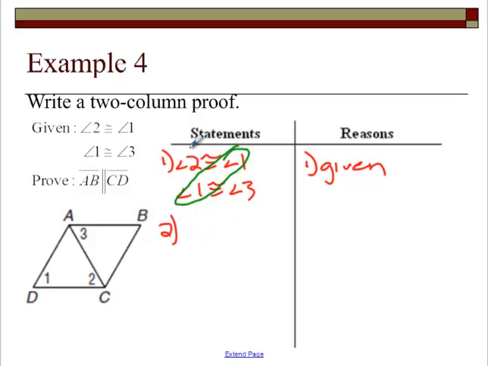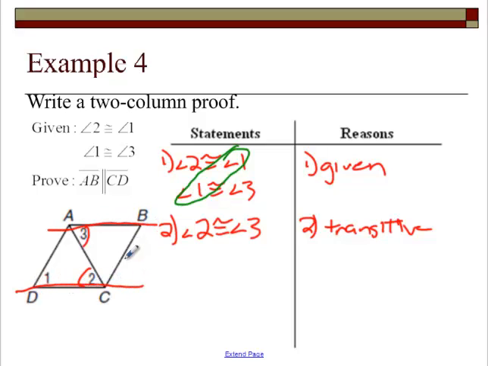Alright, so since angle 2 is congruent to 1, 1 is congruent to 3, we can say angle 2 is congruent to angle 3 because of transitive property again. Since those are congruent, we're trying to prove that this line here and this line here are parallel.